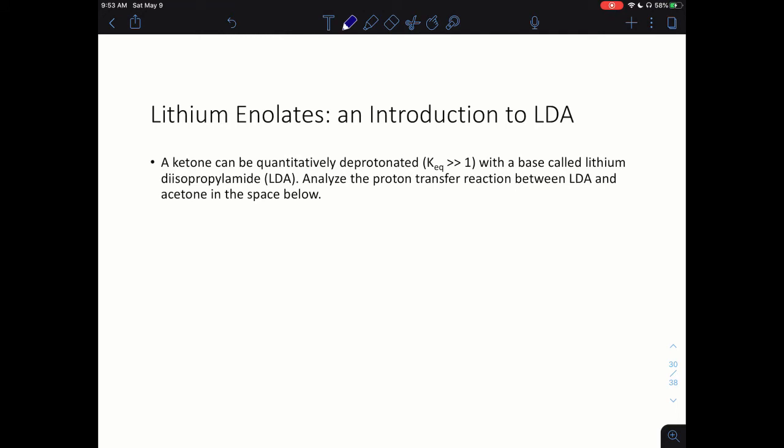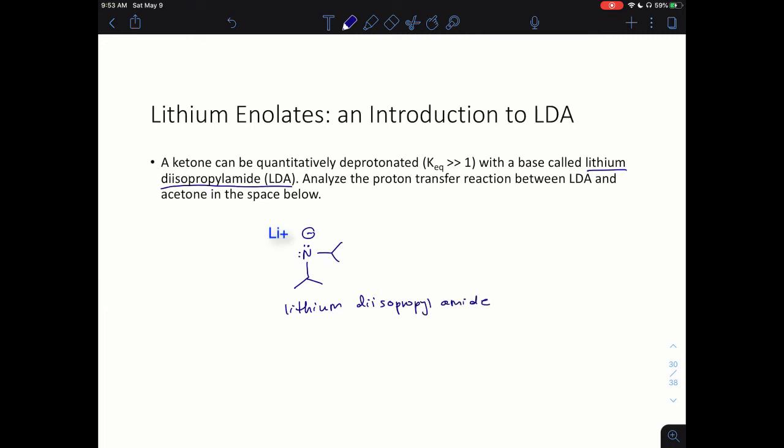That base is called lithium diisopropyl amide, aka LDA. And I need to be very clear about something with you. I do not want you to start using this base all the time.